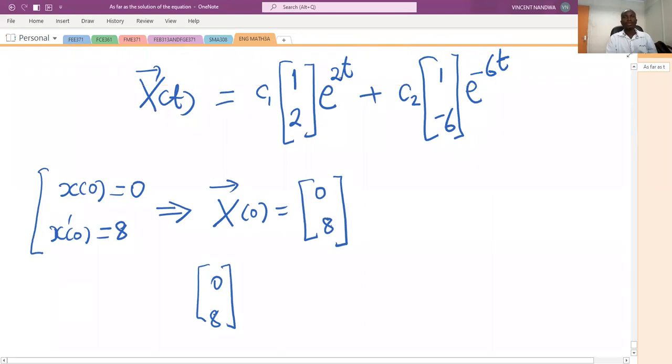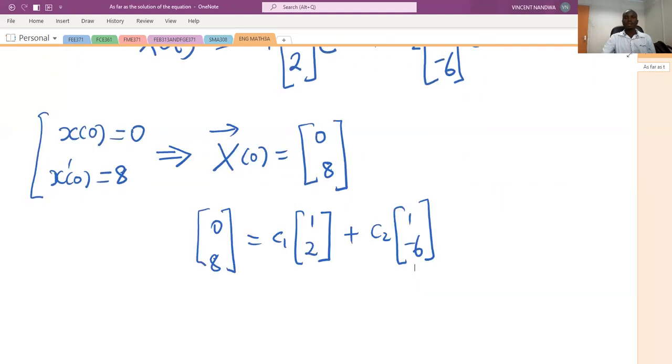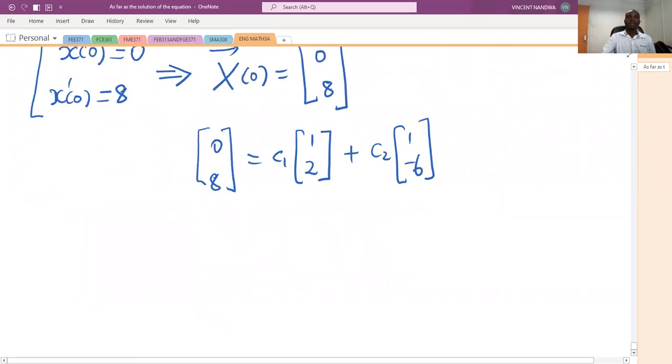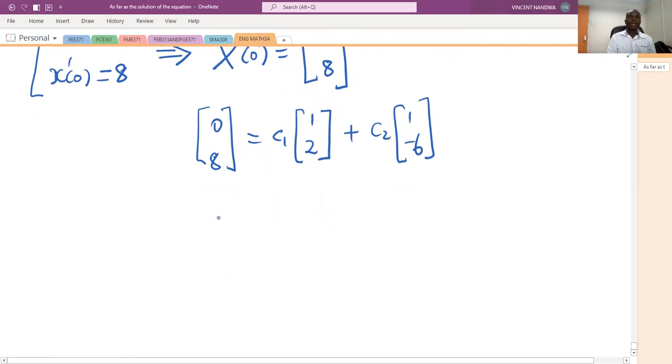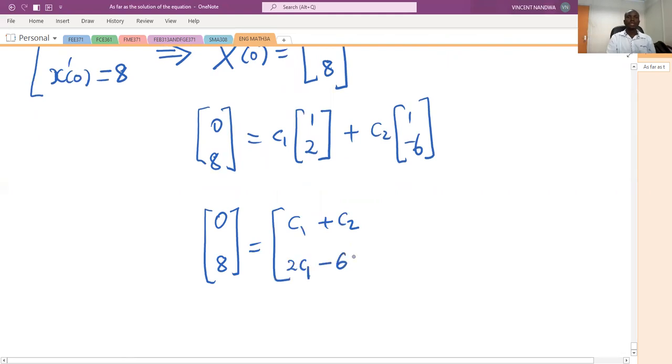So putting t as 0 here, we get e raised to the power 0, which is 1. This also, e raised to the power 0, will be 1. So we just have C1 times 1, 2, plus C2 times 1, minus 6. When you solve this, you get 0, 8 equals C1 plus C2, 2C1 minus 6C2.